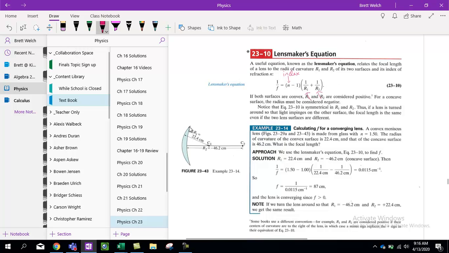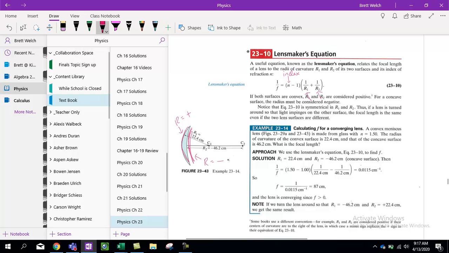If the surface is convex, meaning it sticks out, R will be positive. If it's concave, meaning there's a cupping shape on that side, a concavity, then we consider that surface to be negative. So convex is positive, concave is negative, and that's going to allow us to calculate.